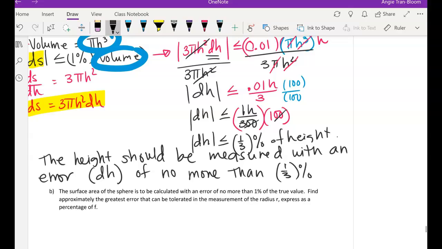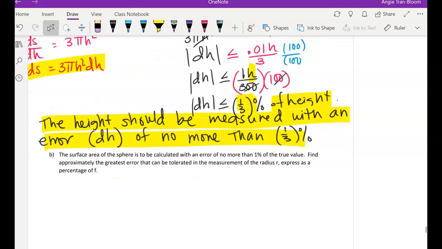Okay, so that's what all of that is. I spell that out in words, that way we know what I'm talking about. This is 1/3 percent. There's an h, that means it's all of the height. So math and English, whenever you are interpreting it, that's what it means.